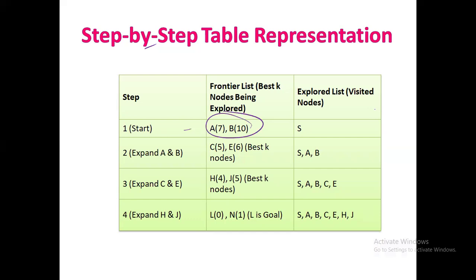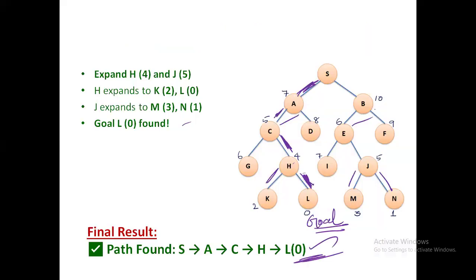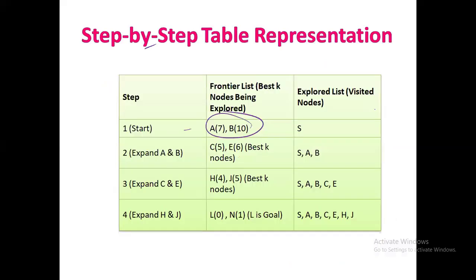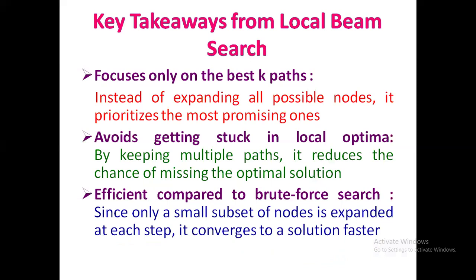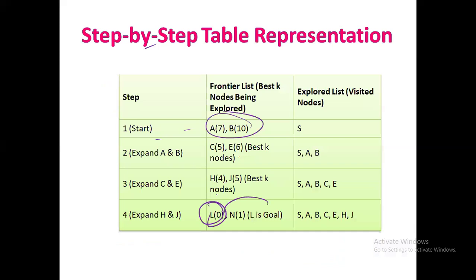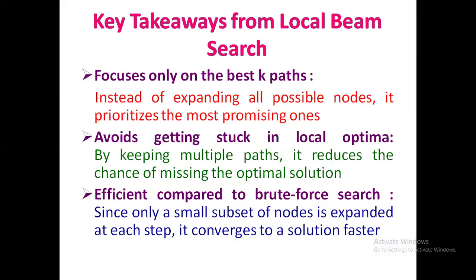These are all the visited nodes. Finally, expanding H gives K2 and L0, and expanding J gives M3 and N1. So finally we have reached the goal node in the last step, the fifth step. The path is S to A to C to H to L. L of 0 is the goal node.